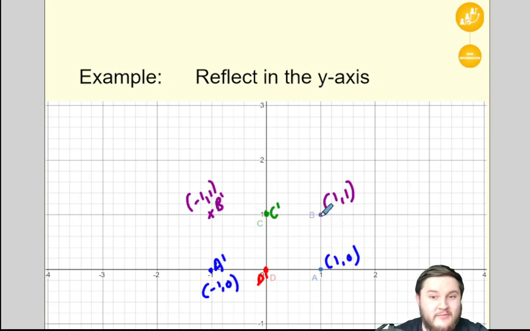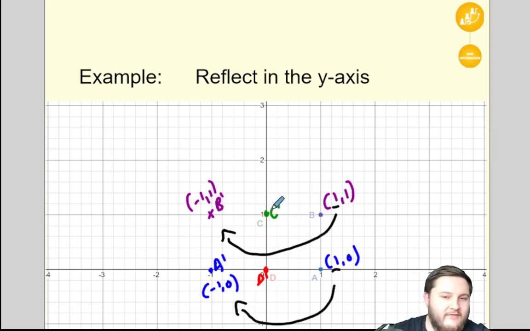It goes from being 1 to being 1, because the reflection in the y-axis does not change the y-coordinate. But what has changed is the x-coordinate has gone from being positive to now being negative. The reason why it doesn't affect C and D is because the x-coordinate of C and D is 0, and so the negative version of that would also be 0.